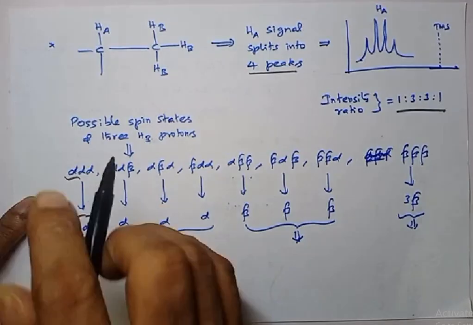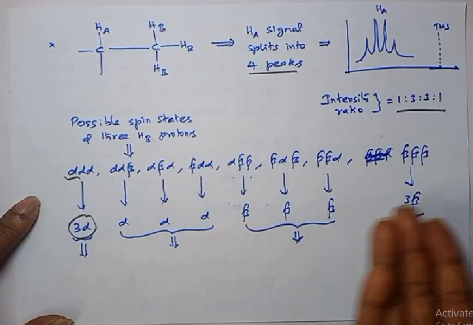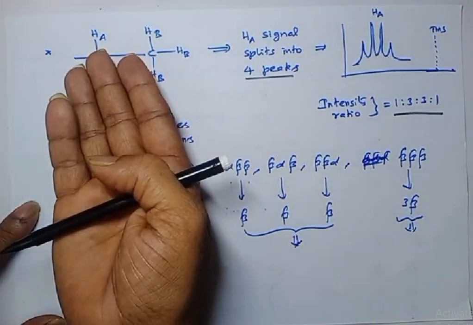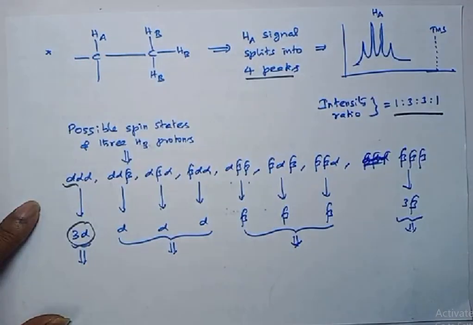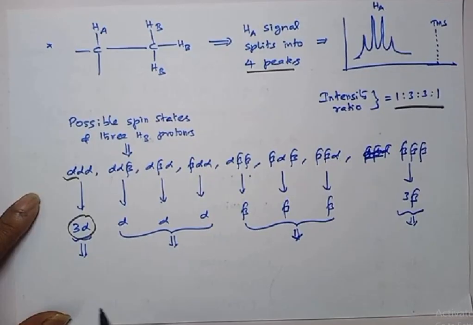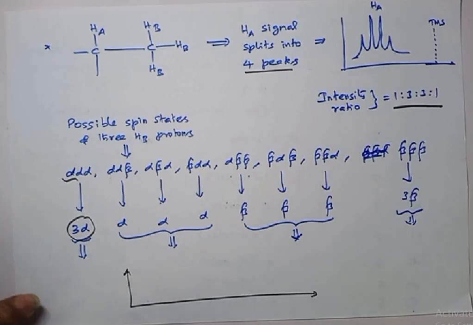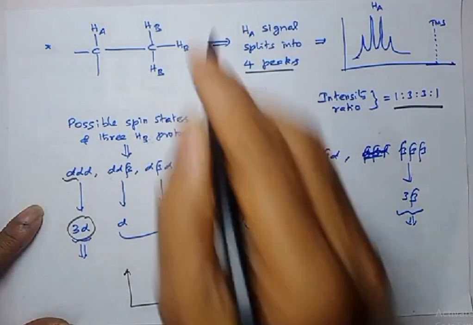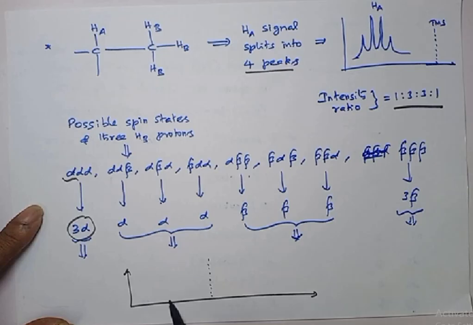So nucleus A now feels different magnetic fields. That is the reason why the HA proton splits into 4. Listen, in the NMR spectrum, this is the original position of HA in the absence of the HB proton. Now it is split into a quartet. Why?